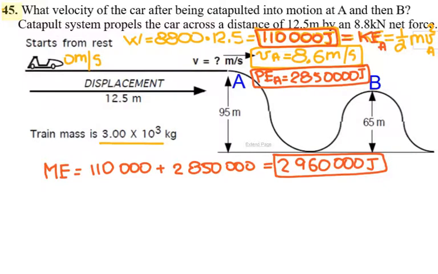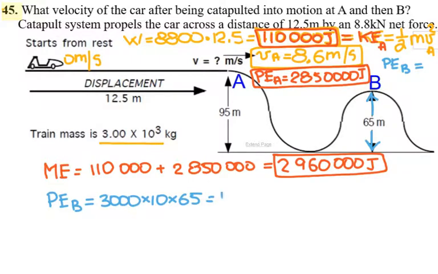So at first I'm going to calculate the potential energy at B. The potential energy at B is equal to mgh. So if I plug in, the potential energy at B is equal to the mass, g, and h is 65.